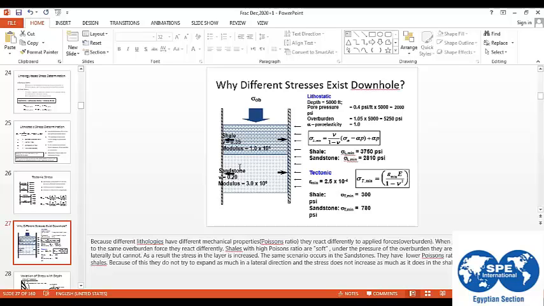Normally, as far as we go down the well, the hydrostatic pressure starts to increase, so you need higher hydrostatic pressure to control the well, especially if you have an abnormal reservoir pressure zone.